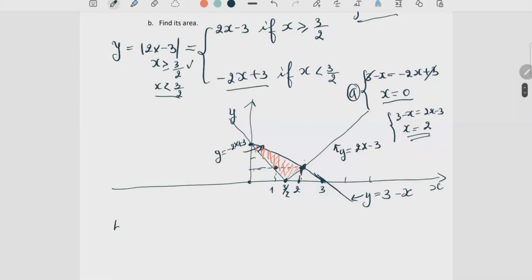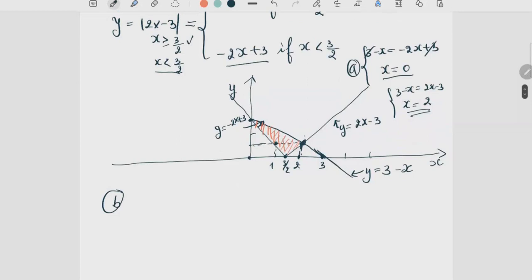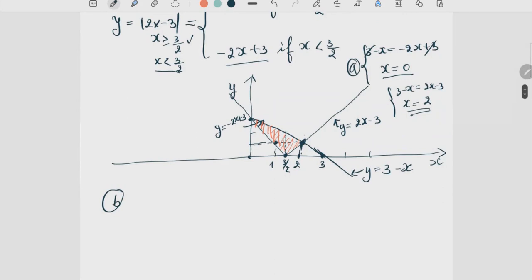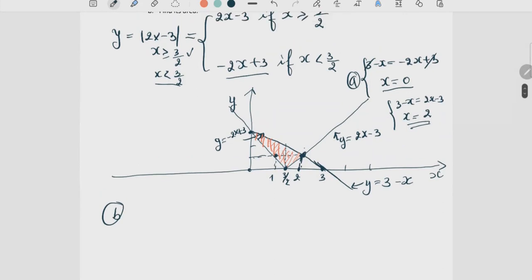Now sub-question B is asking us to find the area of this region, which we'll have to divide into 2 again, and those 2 can be evaluated as a total integral. The first section will be from 0 to 3 over 2.